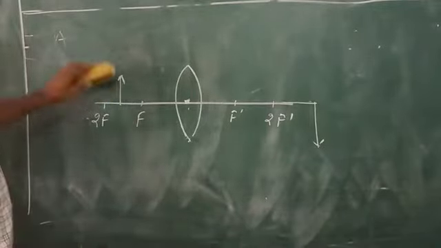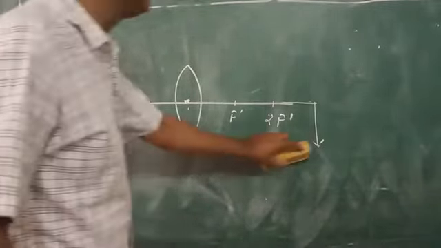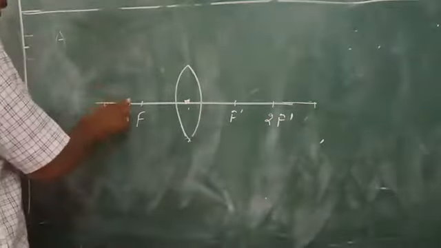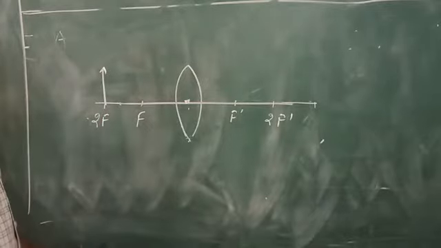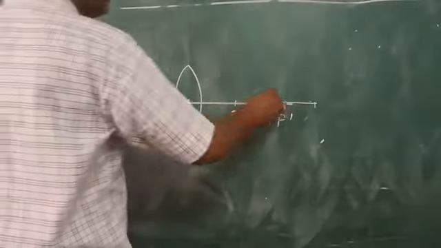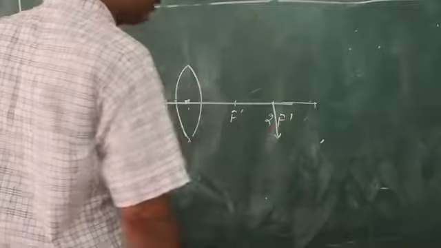And now when an object is at 2F in front of the convex lens, then the image is formed by the convex lens at 2F, same size.